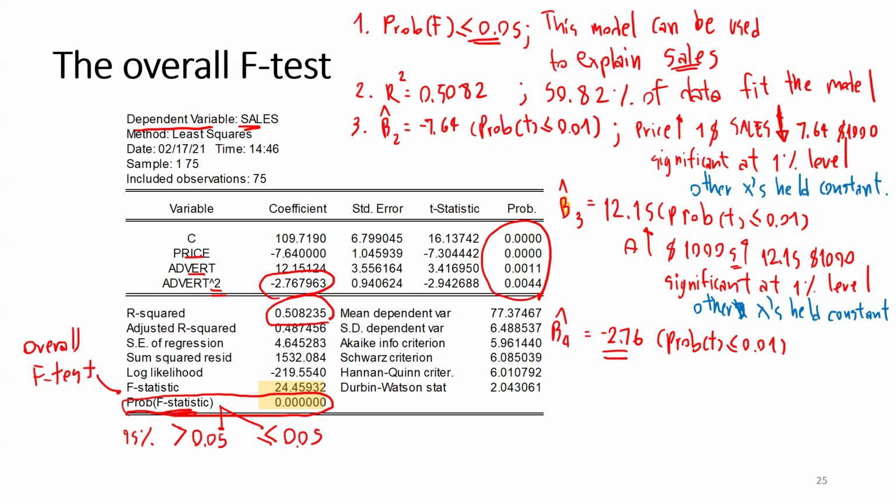So since this is negative, we call it diminishing. Because it's minus, you have to say diminishing marginal effect of advertisement on sales.